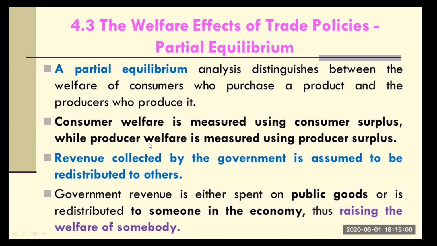Revenue collected by the government is assumed to be redistributed to others. They are collecting revenue from a tariff or other taxes, and it is redistributed to other activities within the country. Government revenue is either spent on public goods or redistributed to someone in the economy differently, in kind or in monetary ways.